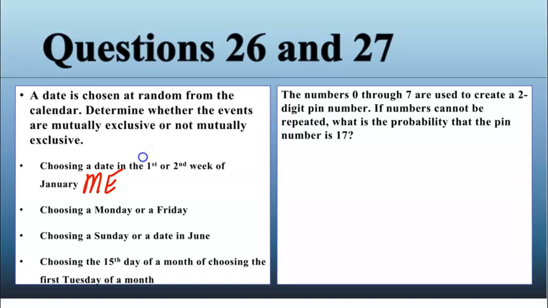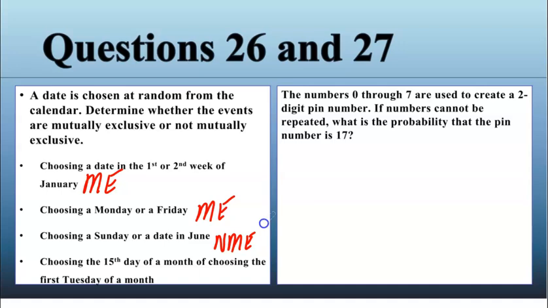Choosing a Monday or a Friday. So if I choose a Monday, it can't be a Friday, so that's mutually exclusive. Choosing a Sunday or a date in June. Well, I can choose a Sunday, or I choose a date in June, but it can also be a Sunday as well. So this is not mutually exclusive because they can happen at the same time.